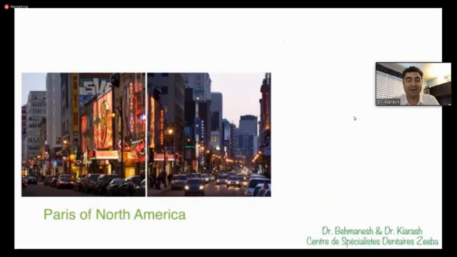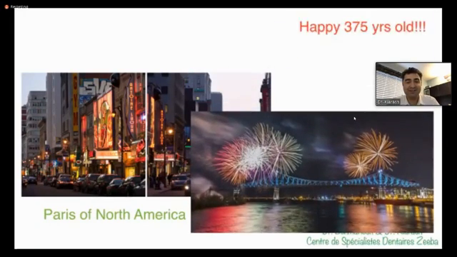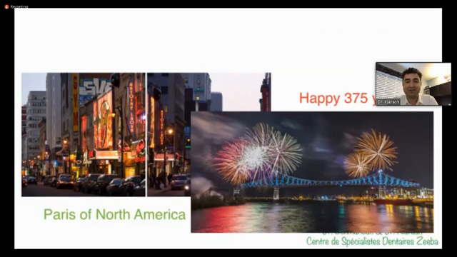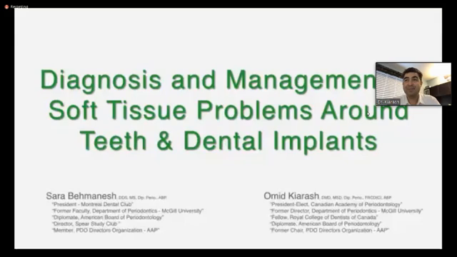About 1 million people come into town. Outdoor activity, outdoor concerts. We like to think of ourselves as the Paris of North America with the mix of our French heritage. We just celebrated our 375th birthday a few years ago. We're a waterfront city, so if you're an outdoorsy kind of person, by all means, maybe you can plan your next vacation and think of us here in Montreal. On the flip side, if you like the cold, then maybe come during the wintertime, January or February. But if you're trying to get away from the cold, definitely don't recommend coming in the wintertime.